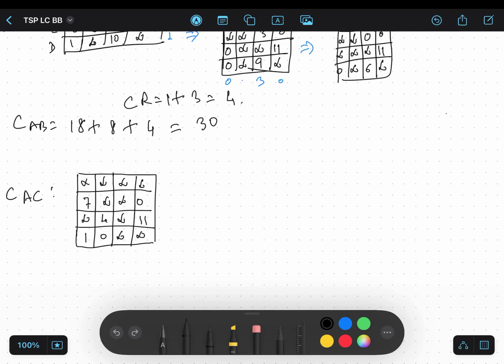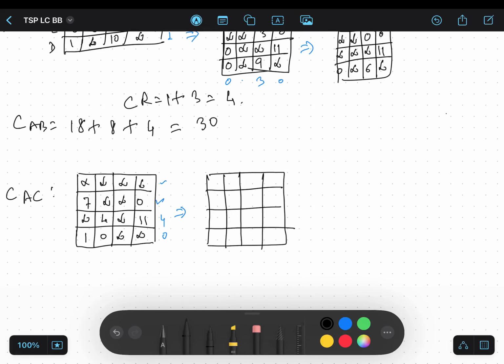Now again we are going to reduce every row and every column. So let's see. This is fine. This is fine. This has minimum 4. This has minimum 0. This looks good. So reducing, we get the new rows.